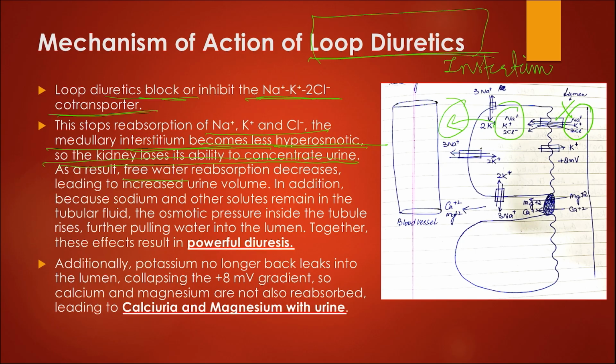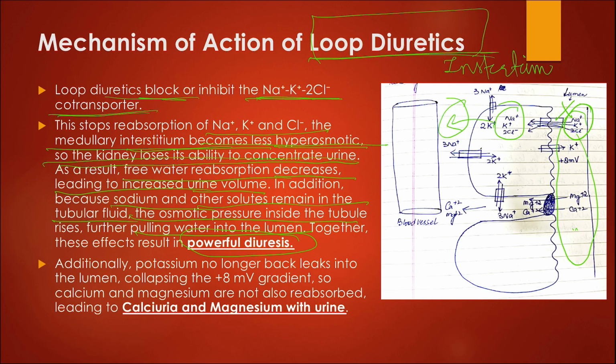As a result, free water reabsorption decreases, leading to increased urine volume. That is diuresis. In addition, since sodium and other solutes remain in the tubular fluid, the osmotic pressure inside this lumen increases, which results in more water in the lumen. This is the main mechanism or explanation behind the powerful diuresis.